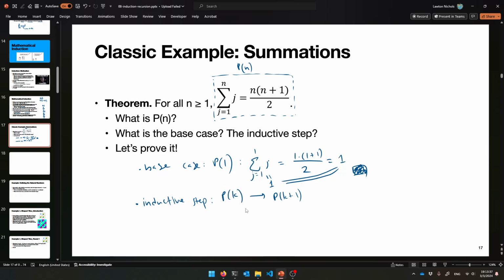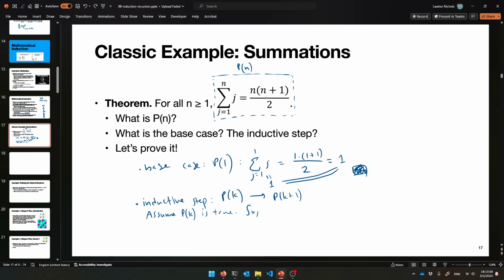That's the harder one. You're proving this for every k. Assume this is true. It's a direct proof. Try to prove that. So what we do is we assume P of k is true. What does that give us? So what is P of k? It's this, where k is plugged in.